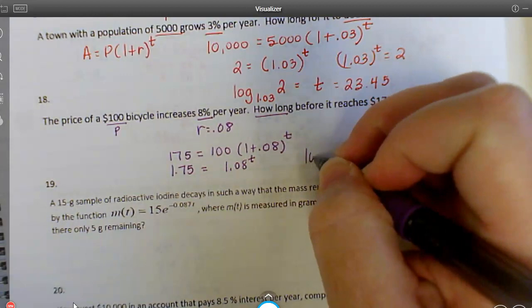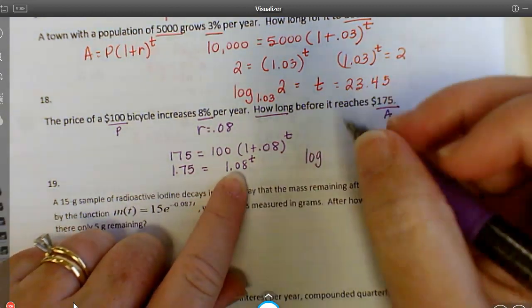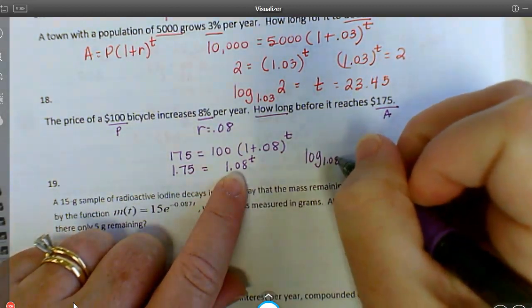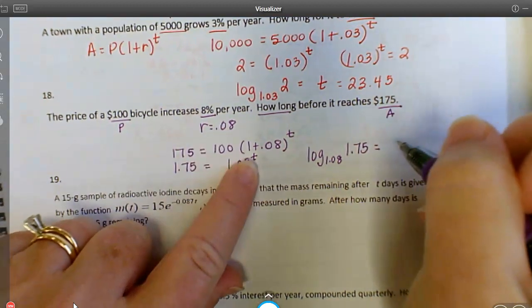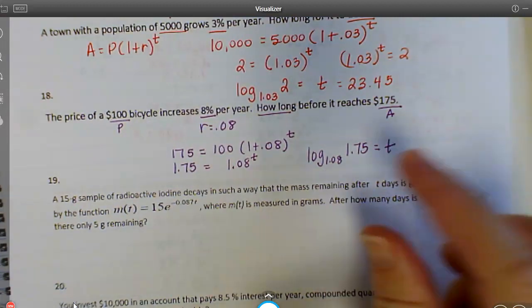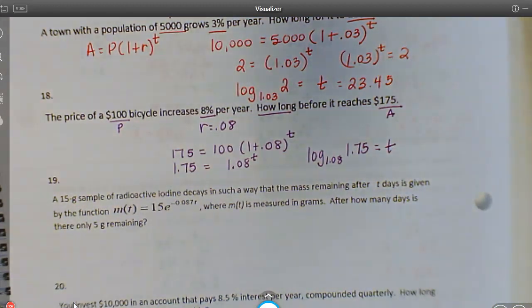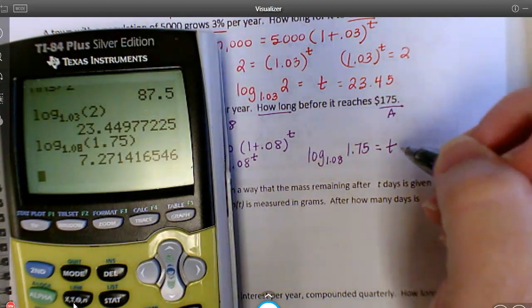So log of whatever the base is, of whatever's on the other side of the equals, equals the power. And then that's what we put in our calculator or into decimals. Log base 1.08 of 1.75, and you get approximately 7 years.